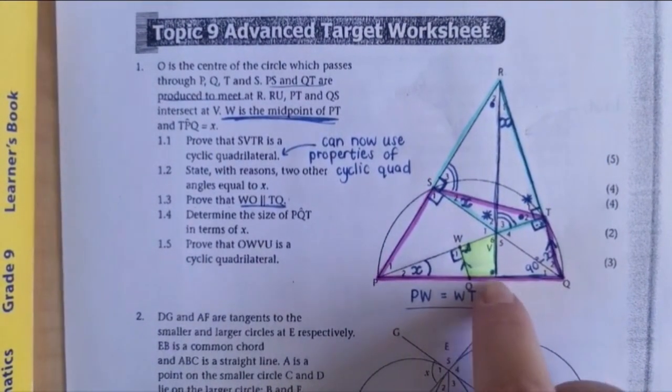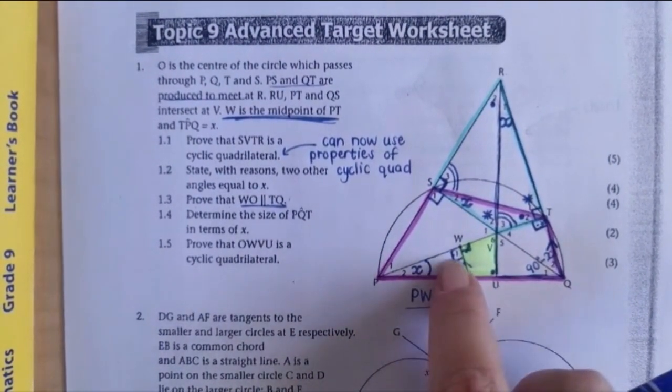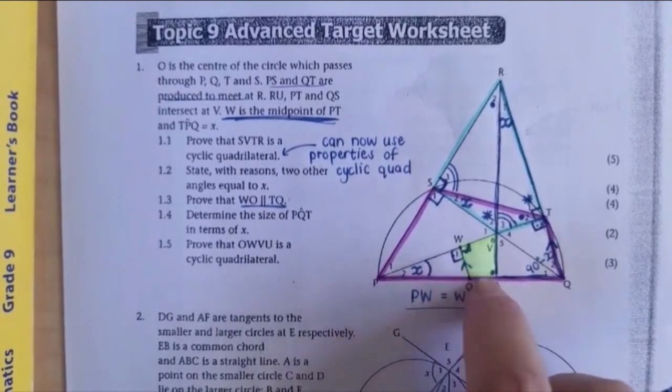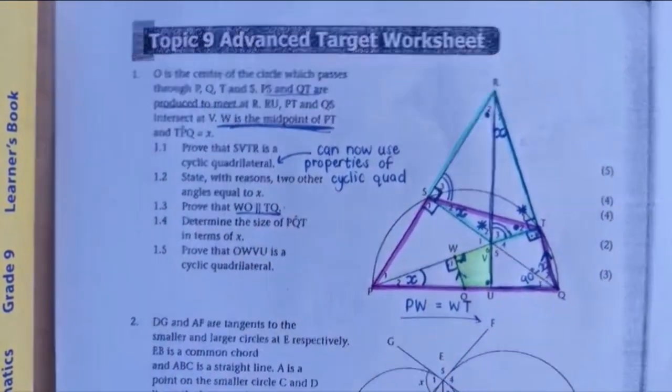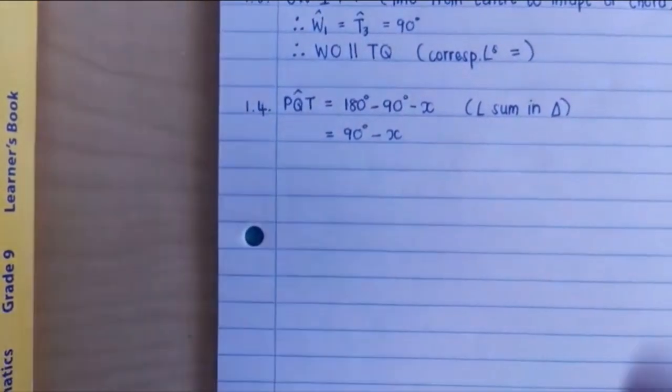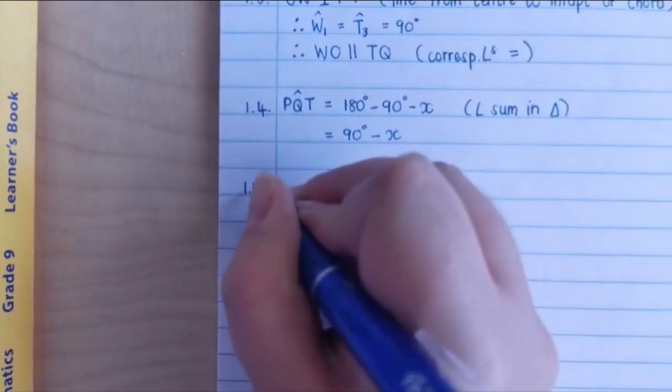And if this is 90 degrees and W1 is 90 degrees, then we can again say, because of converse exterior angle, that is a cyclic quad. Okay, so there we go. 1.5.